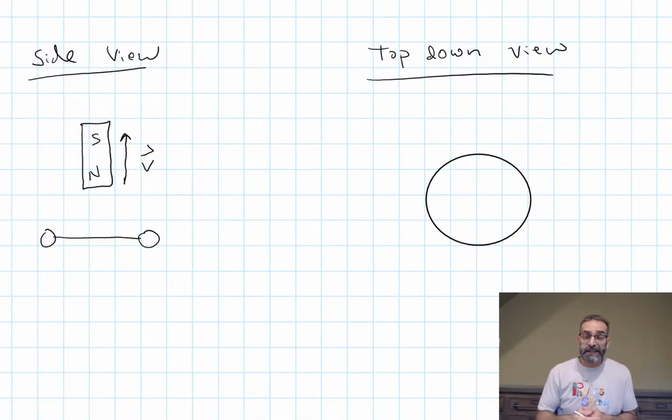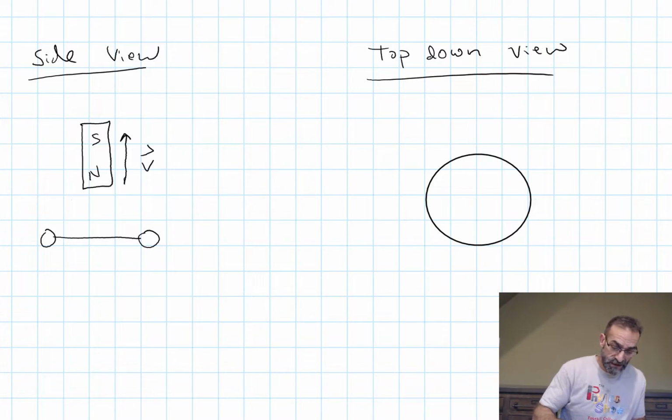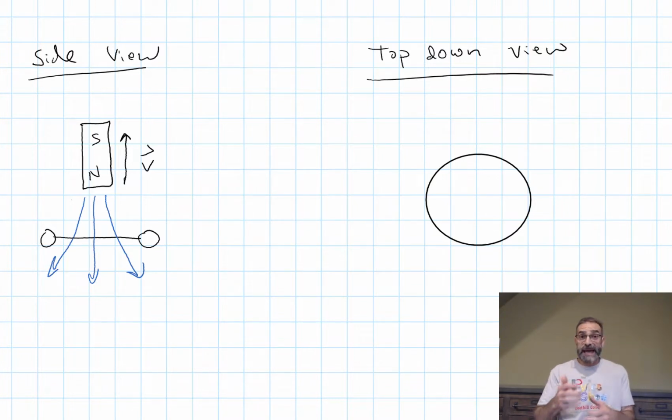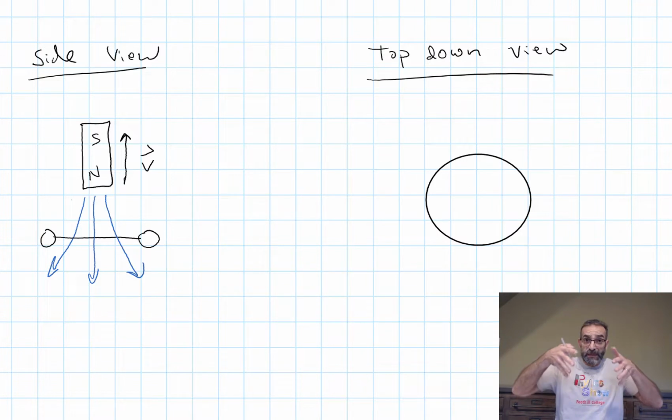Now we'll move the magnet away from the loop toward the top of the page. Again, the magnetic field lines point toward the bottom of the page. And as the magnet moves up and away from that loop, fewer and fewer magnetic field lines will penetrate the loop.